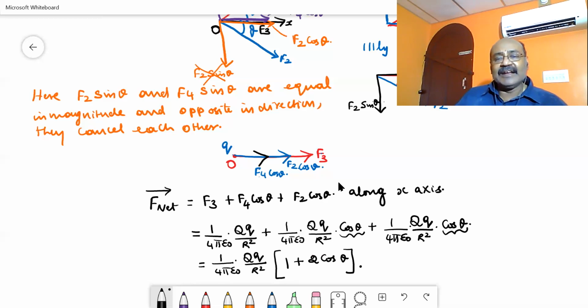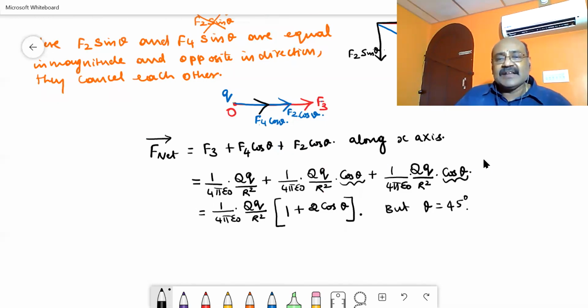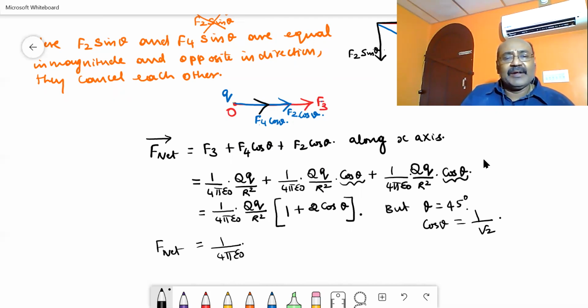But we have already stated that theta is equal to 45 degrees. Since theta is equal to 45 degrees, I can write cos theta is equal to 1 divided by root 2. Take this value and substitute here. I can write F net is equal to, writing the magnitude alone initially, 1 divided by 4 pi epsilon 0 capital Q into small q divided by r square into 1 plus 2 into cos theta, which is 1 by root 2.